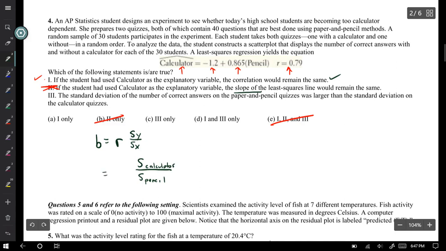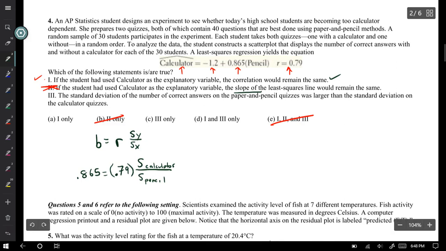We know our R value. It's 0.79. And we know our slope is 0.865. So is the standard deviation of the number of correct answers on the paper pencil quizzes larger than the standard deviation on the calculator quizzes?